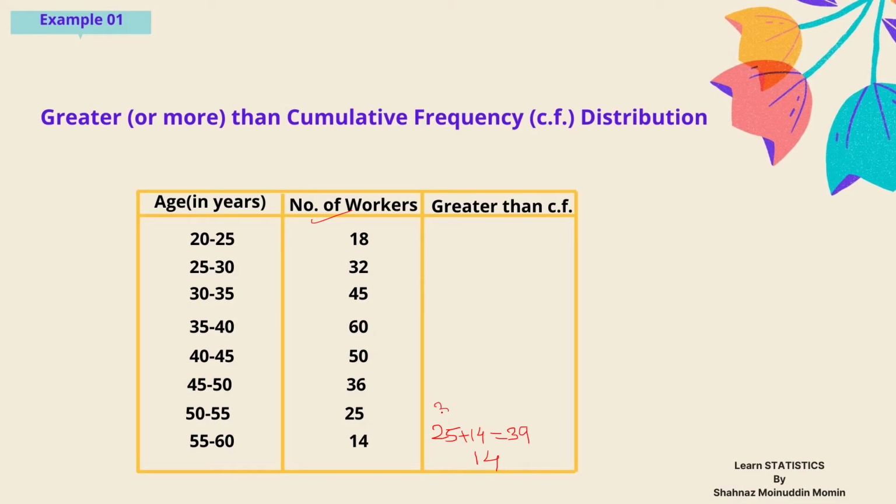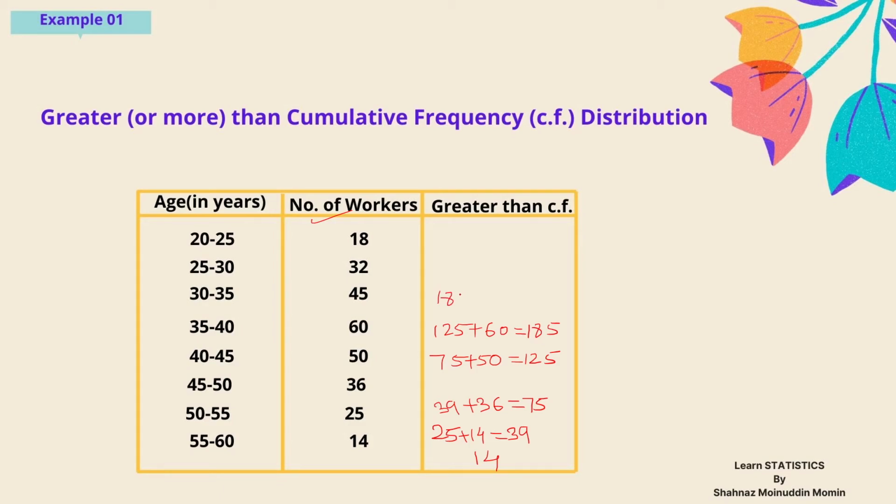Similarly, add the last three, 39 plus 36, which is 75. Next one is 75 plus 50, 125. 125 plus 60, 185.